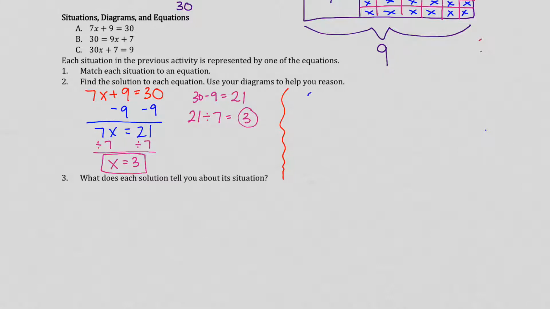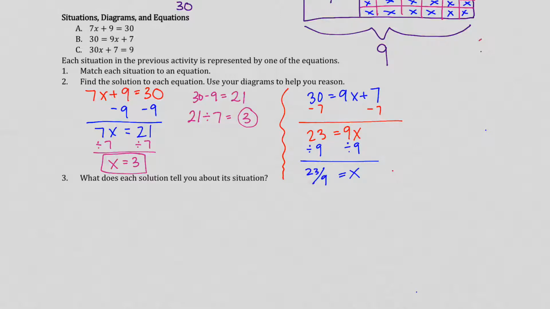Alright, so the next one, 30 equals 9x plus 7. We'd want to minus 7 from both sides. So we'd have 23 equals 9x. Divide by 9. So then x equals 23/9, basically.